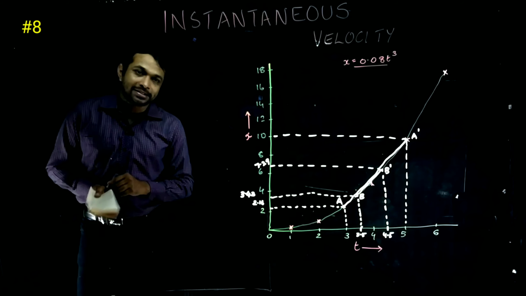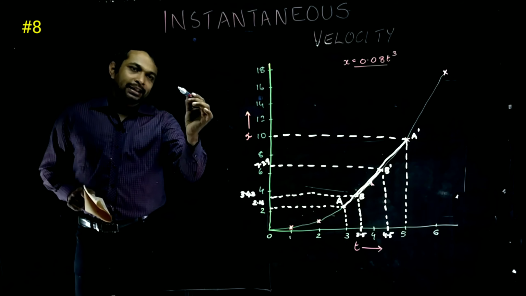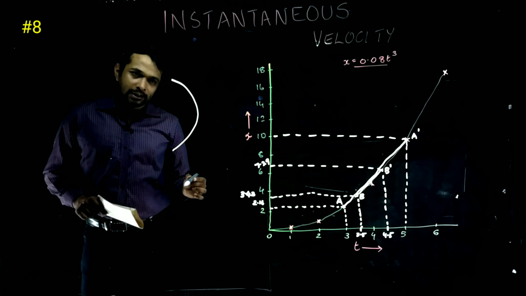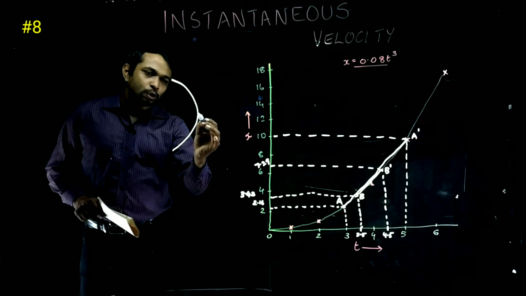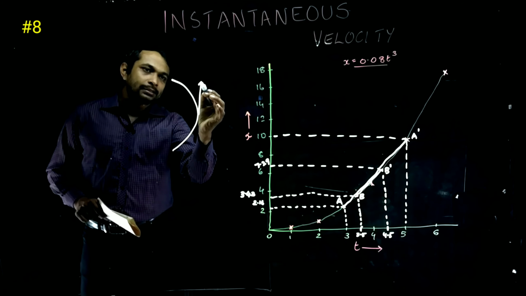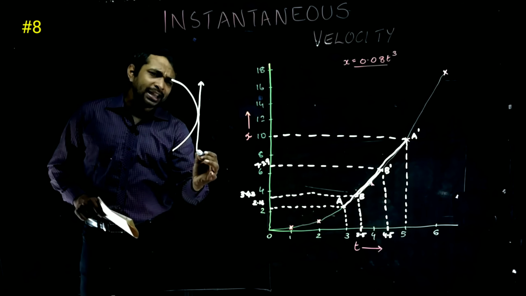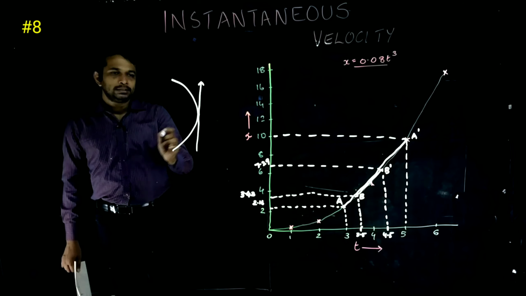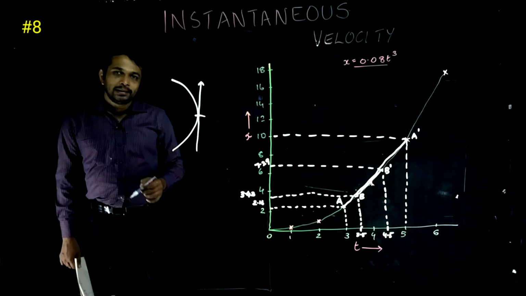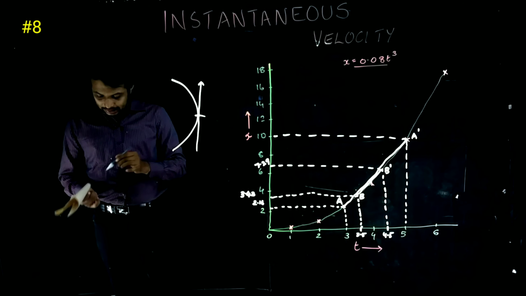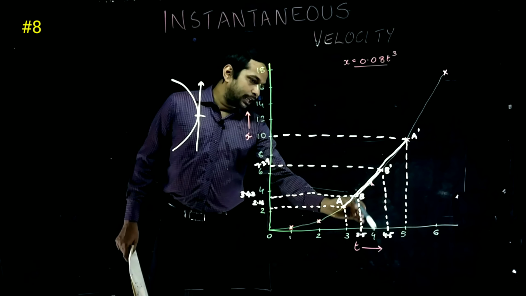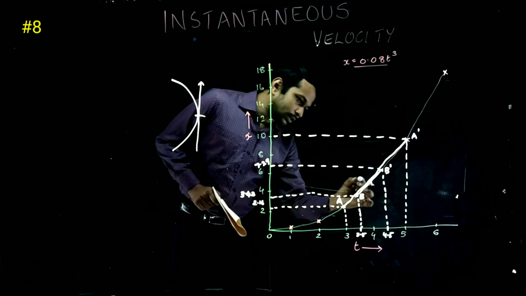Now what do you mean by tangent? Okay, tangent is a line drawn to a curve, and that line is going to meet that curve at only one point. Exactly one point a tangent will be meeting a curve, and that one point here is t equal to 4 seconds.